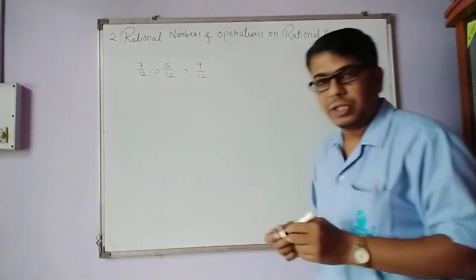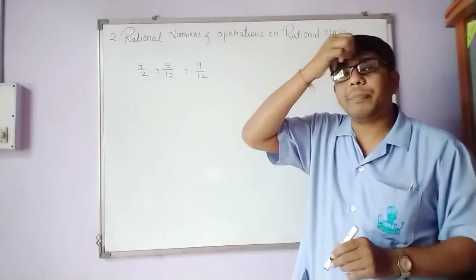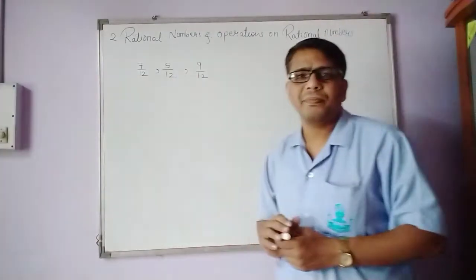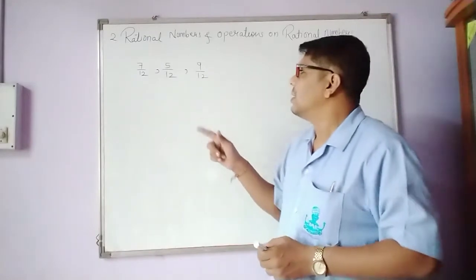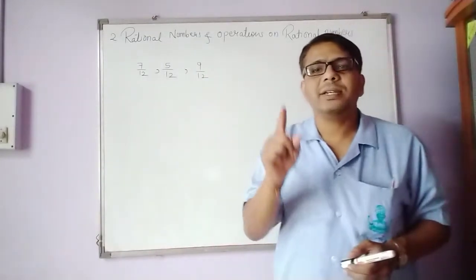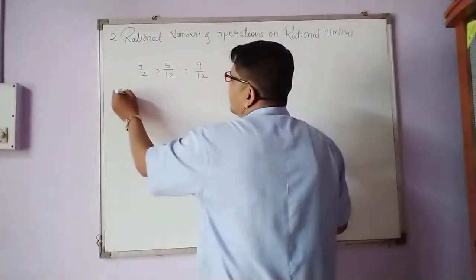Here denominators are same, so which is the biggest? When denominators are same, definitely the rational number with the greatest numerator is the greatest. So here I can have the ascending order.